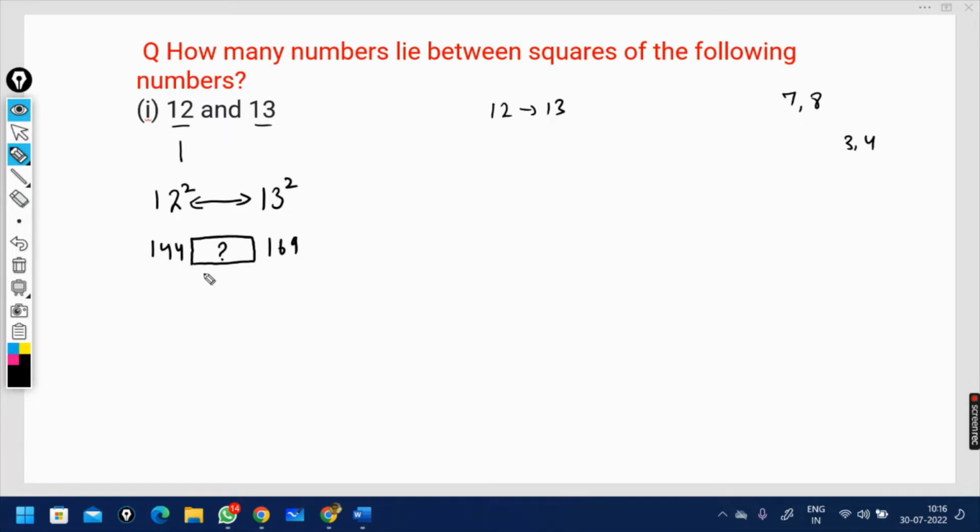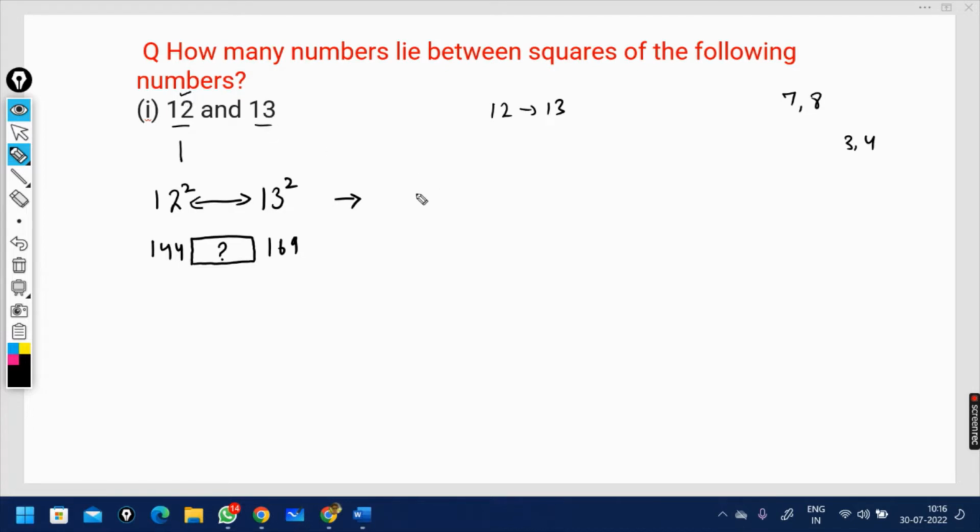Can you tell that? Okay, this is very simple. We can do it with the properties of square numbers. So the property of square numbers is that when you have two consecutive numbers, like 12 and 13, 7 and 8, any two consecutive numbers, then to know how many numbers come between the squares of these two numbers, you simply have to take the smaller number. Here, the smaller number is 12.